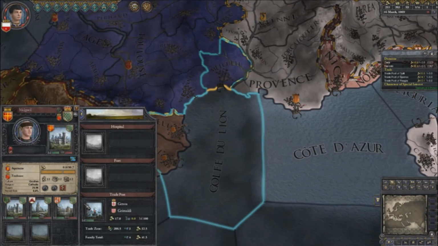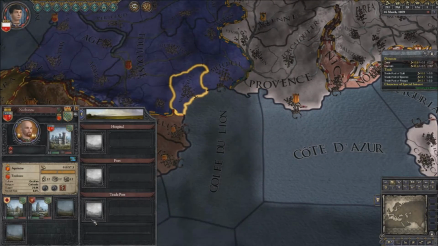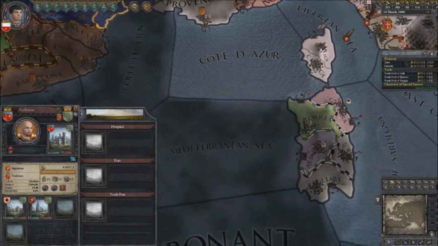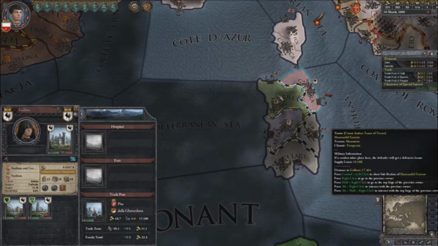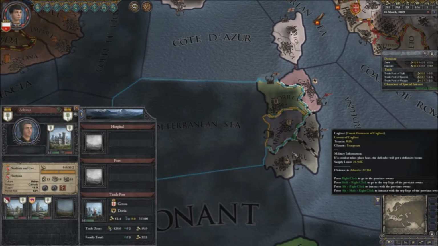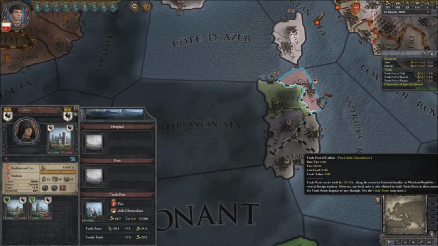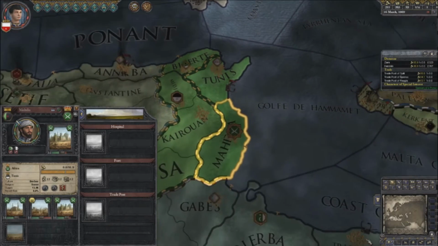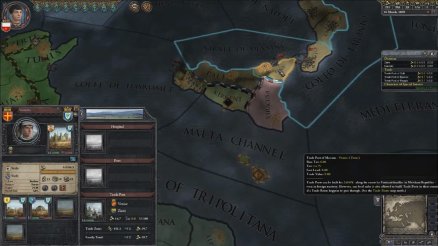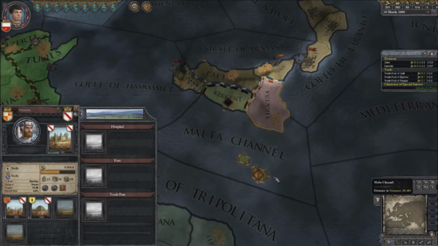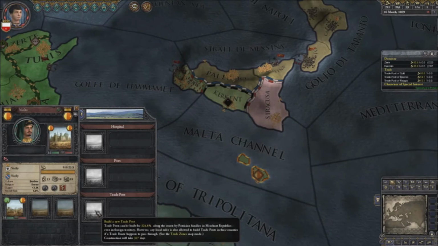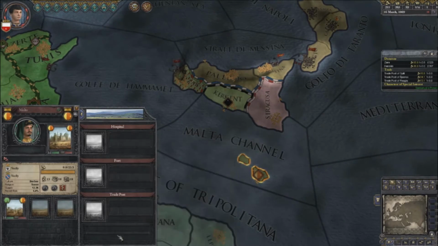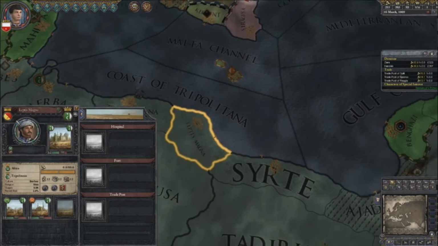Trade post in Provence, already in existence. There's some more places along here I could build posts, but they're all taken. Pisa and Genoa. What about you? 324 needed.